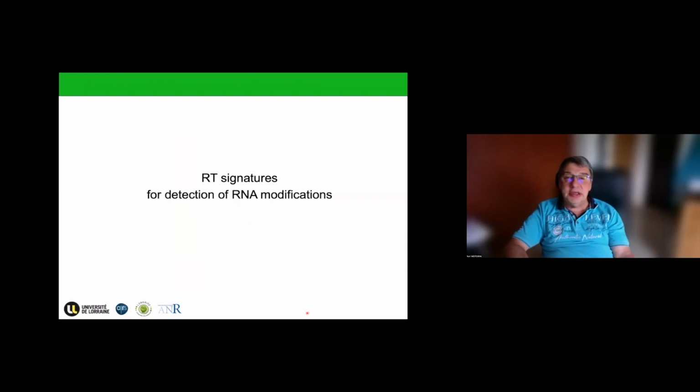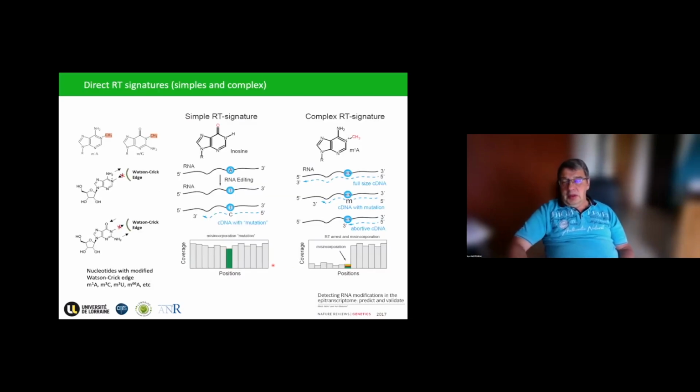We started to use these RT signatures for detection of RNA modifications. RT signatures may be relatively simple, as shown for inosine, because inosine base pairs with C, and of course, after sequencing you have G's appearing in the sequencing profile.